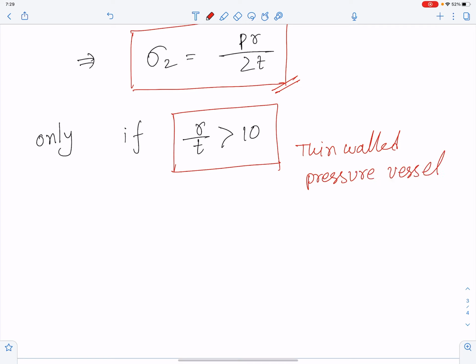So when we solve the problem, we need to make sure that we first check radius divided by thickness, and see whether that is greater than 10 or not. If it is greater than 10, then we can use the formula for sigma 1 as well as sigma 2. Okay, so with that, I'm going to conclude this lecture, and we'll come back with the math problem.